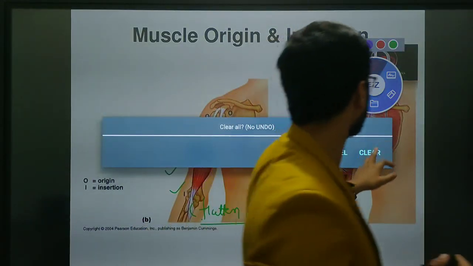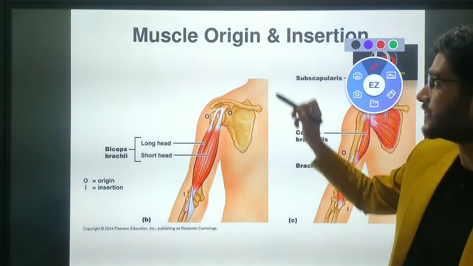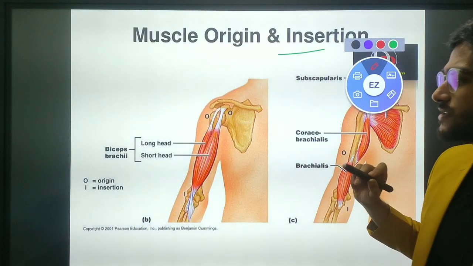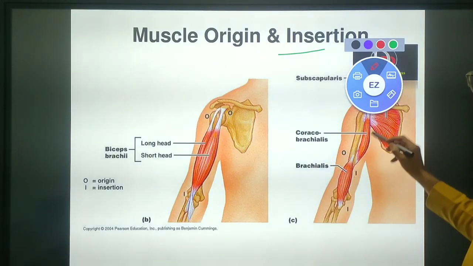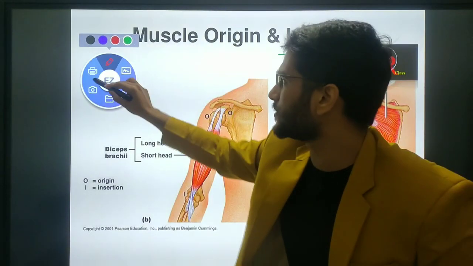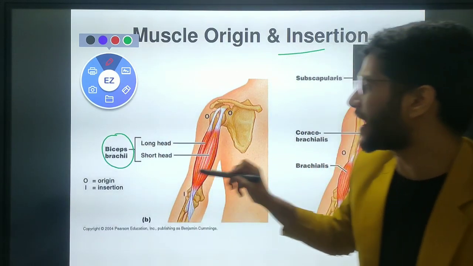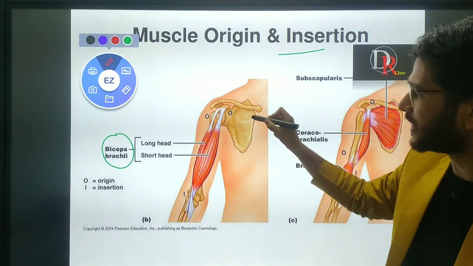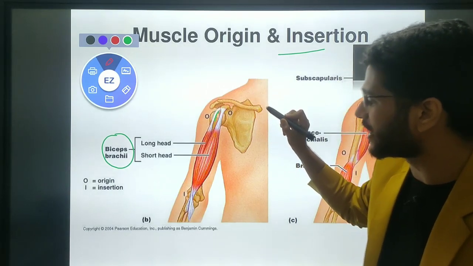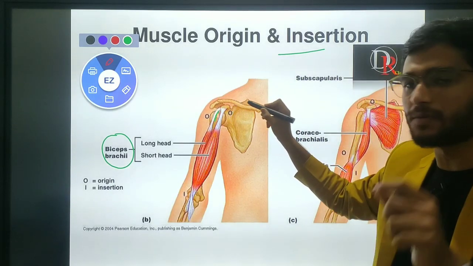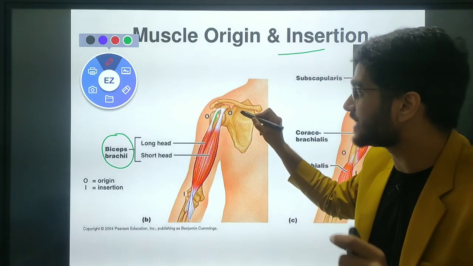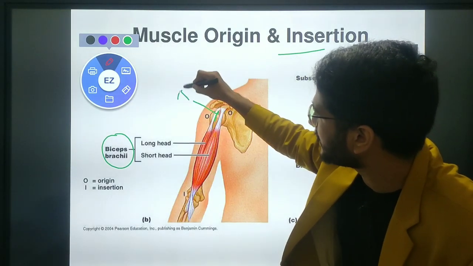Let's look here at the muscles' origin and insertion. There are three muscles here. These are the muscles of the arm. This one is the biceps brachii. As we learned, it originates from two sides, and at the origin side the muscle fibers are very thick and dense, which is known as a tendon. So these are the tendons.